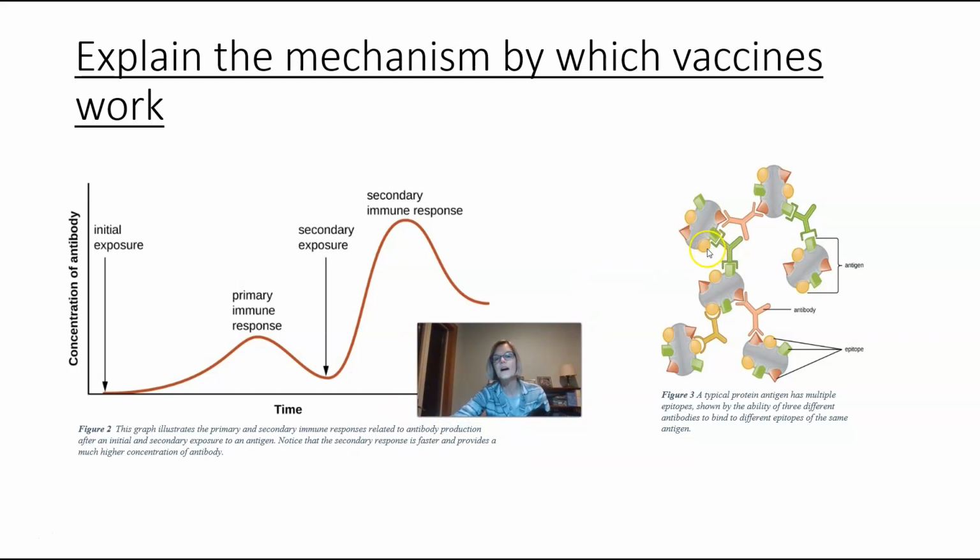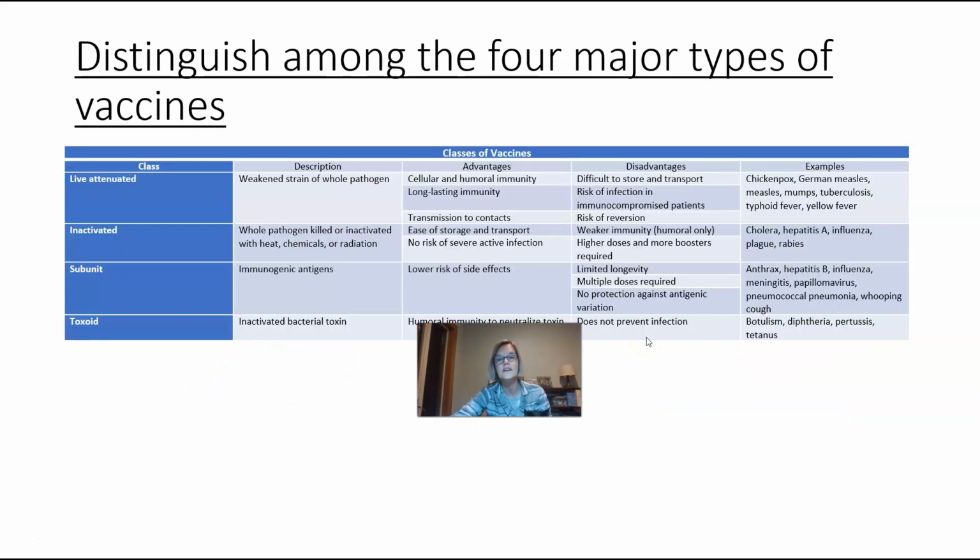And so what the subunit vaccine is, is just molecules of these antigens. They're not the whole organism, the whole cell, or the whole virion. They're just proteins or antigens.